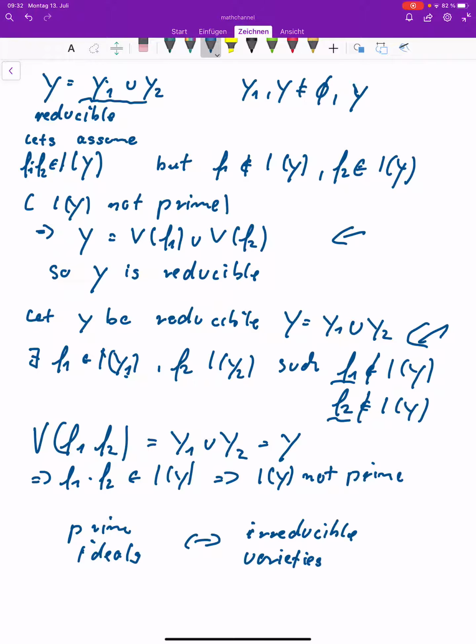Right? Or in other words, non-prime ideals correspond to reducible varieties. This is more precisely how we have looked at things here.